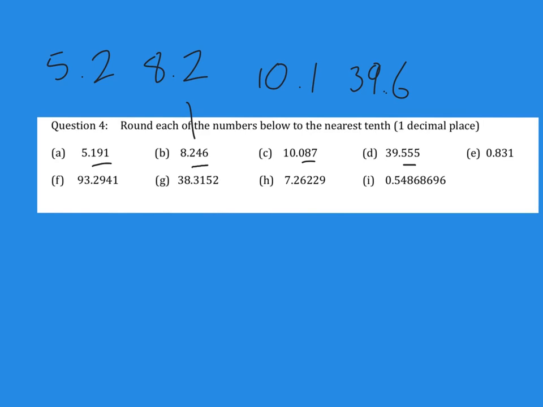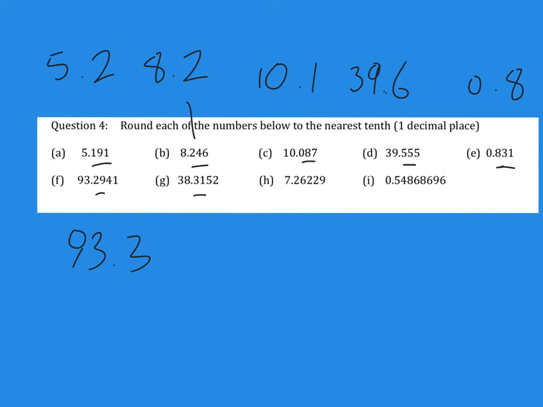So 0.83. Look at the 83. Is that closer to 0.8 or 0.9? It's closer to 0.8. Then we have 93.29, so that 29. Is that closer to 93.2 or 93.3? It's closer to 93.3 because 29 is closer to 30 than it is to 20. 38.31, so that 31.